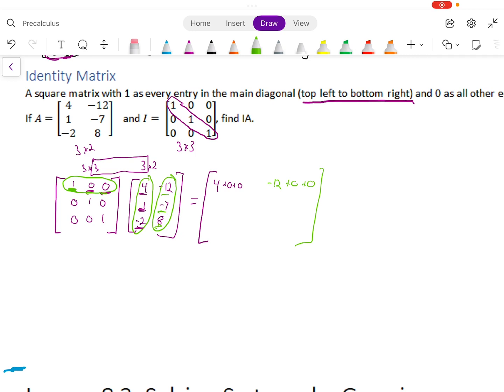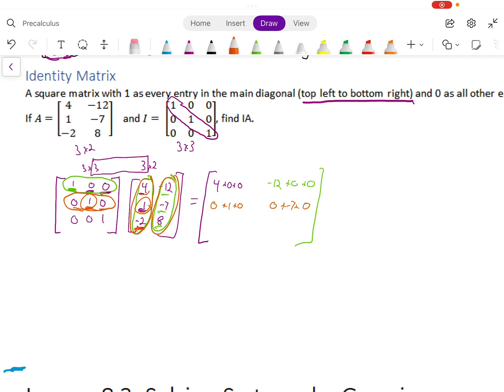Now we can go to our second row. Hopefully we start to see a little bit of a pattern here. 0 times 4, so first column is 0. 1 times 1 is 1, and then 0 times negative 2 is 0. Second row with second column, 0 times negative 12 is 0. 1 times negative 7 is negative 7. 0 times 8 is 0.